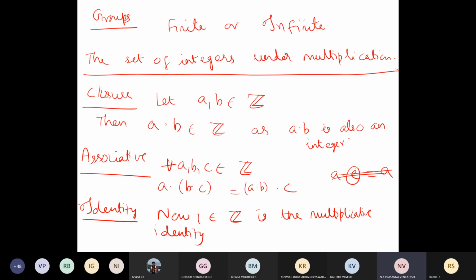Just check. Whatever I said is correct. If you could find some problem, tell me. Closure, okay. Any two integers, if you multiply, it is again an integer. Associative property also holds good. Identity also okay. Everything is okay.